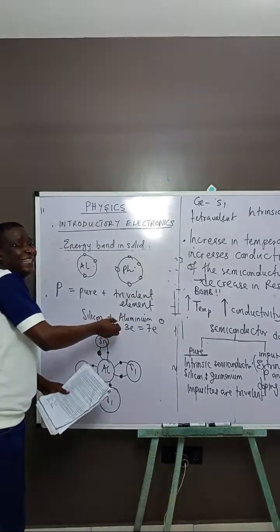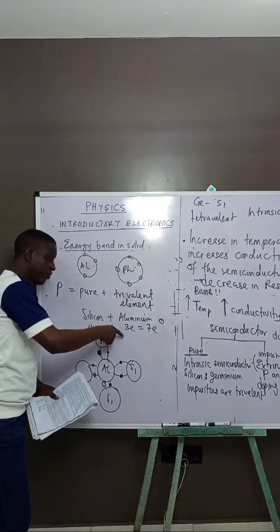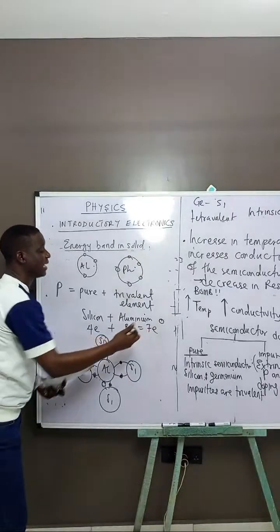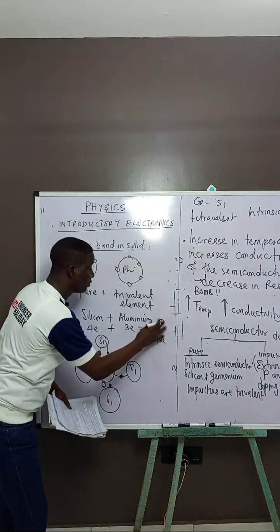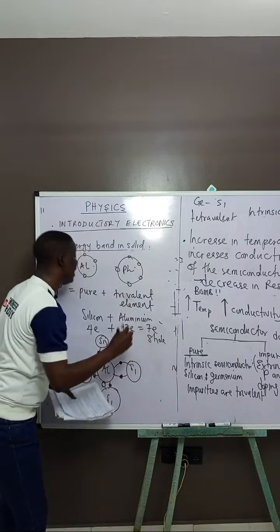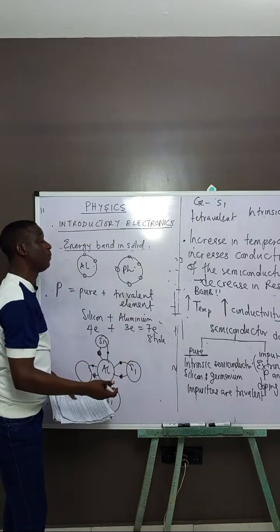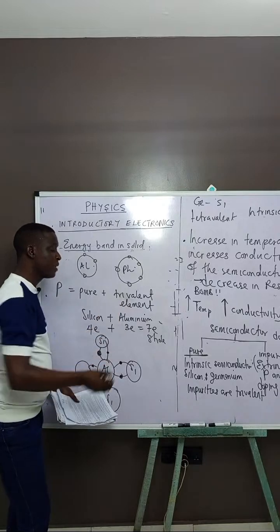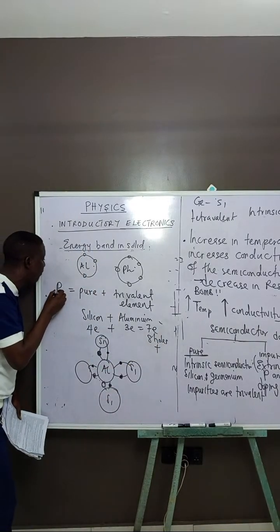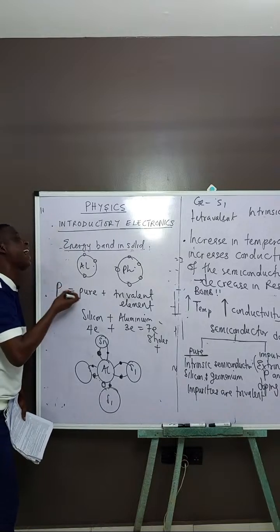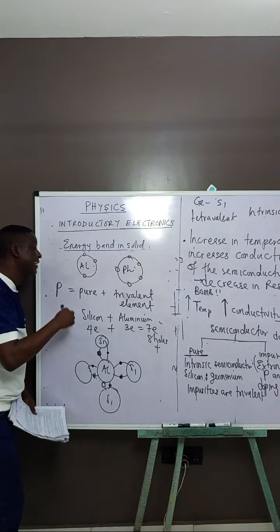In this party, there are more holes than electrons. Electrons are 7, holes are 8. So if you have 8 holes and 7 electrons, who is dominating this particular party? We say holes. And holes are positively charged. That's why we call it p-type semiconductor, because we have more holes than electrons.